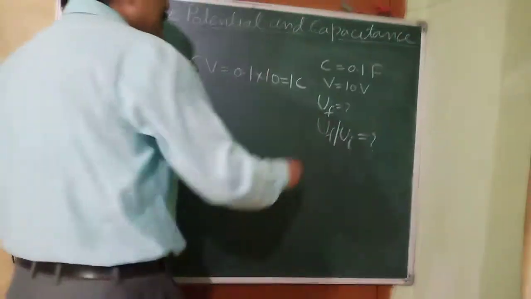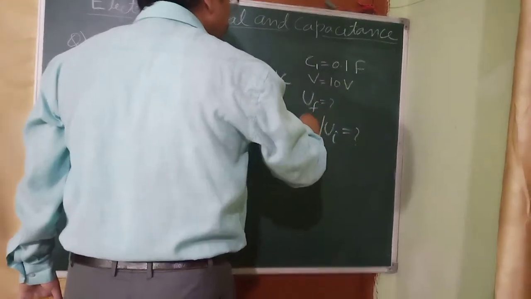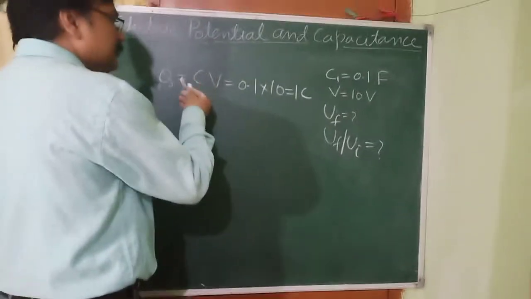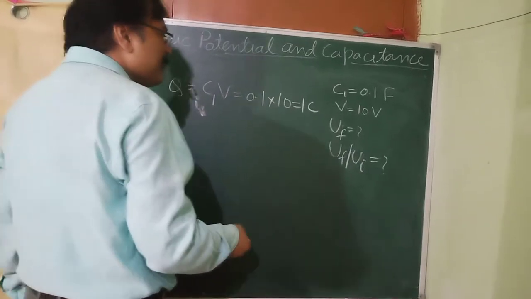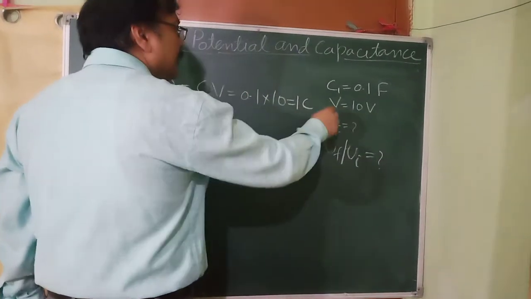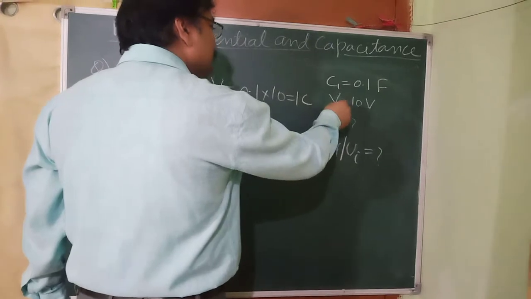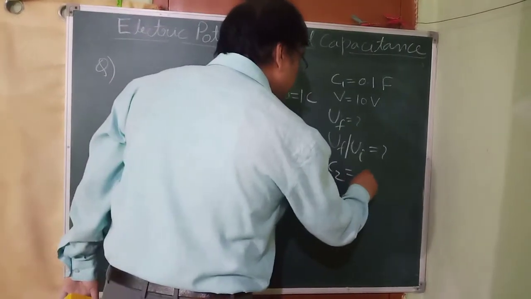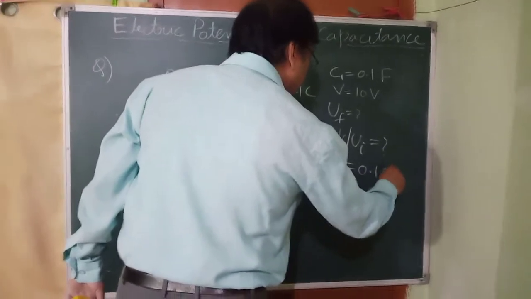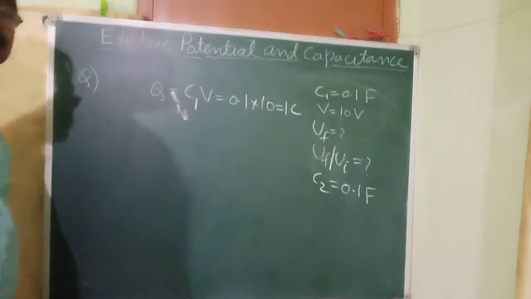So rather we can write it as C1, that will be better. Obviously C1 we can write, and let it be V only. The second capacitor has what capacitance? 0.1, because that is a similar capacitor.